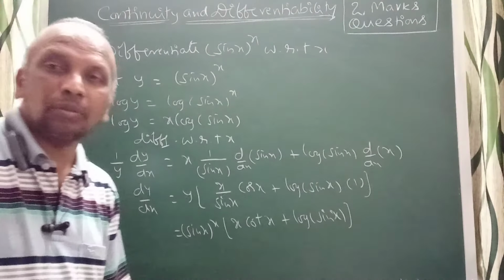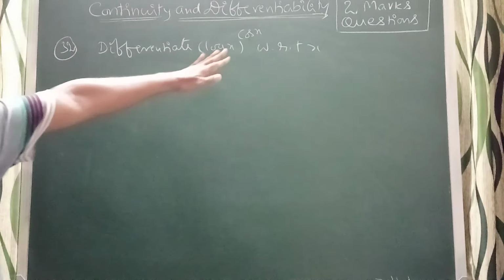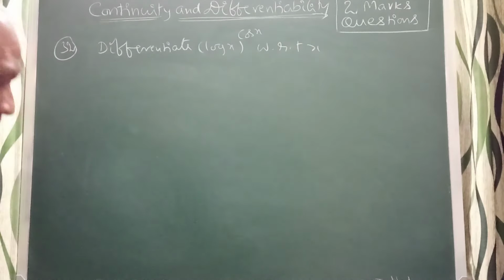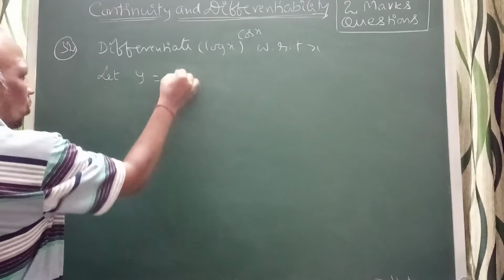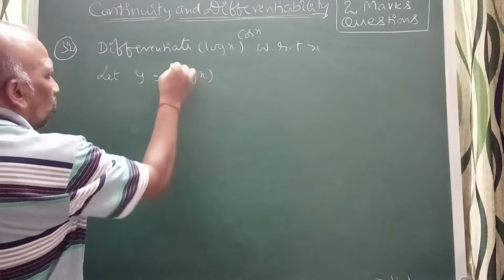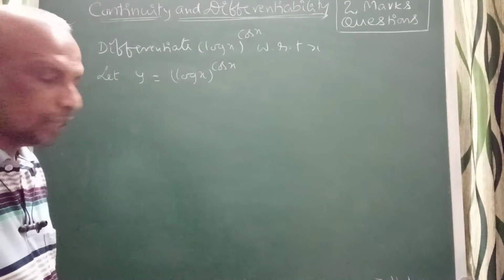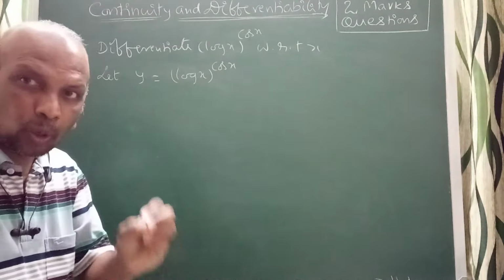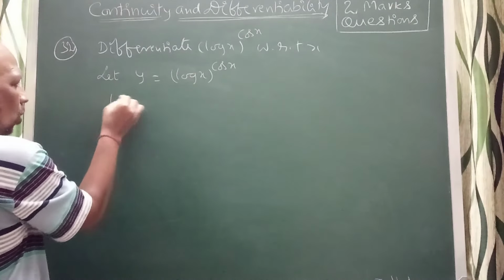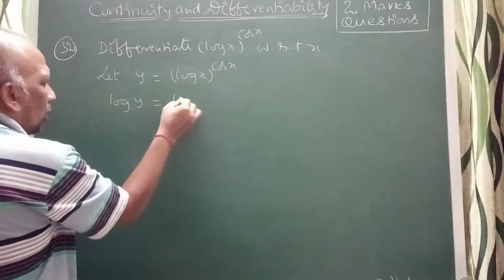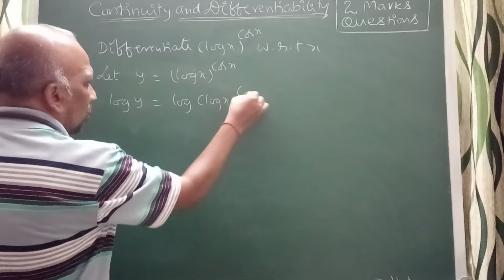Now I will explain the next problem. See this problem: differentiate log x whole power cos x with respect to x. Again I can consider, let y is equal to log x whole power cos x. Again same here, we should apply logarithmic differentiation only. Taking log on both sides, log y is equal to log of log x whole power cos x.